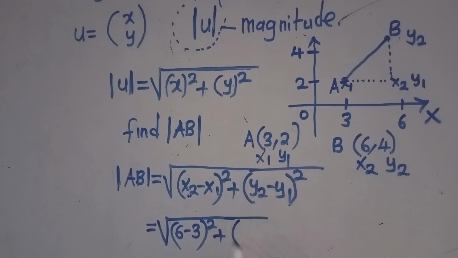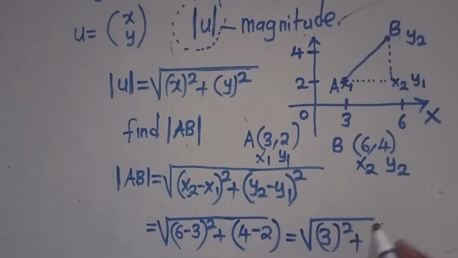Plus, what is y2? y2 is 4 minus y1, which is 2, like this. So you've got 3 squared plus 2 squared.